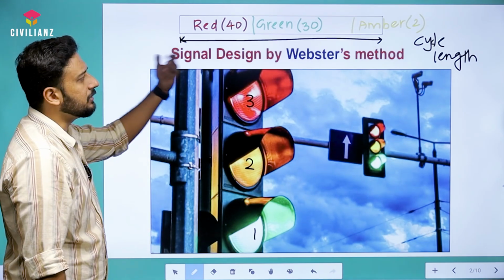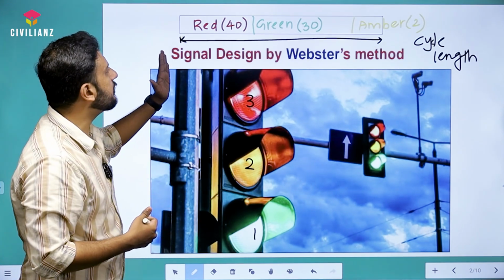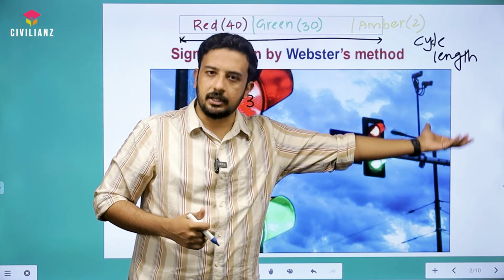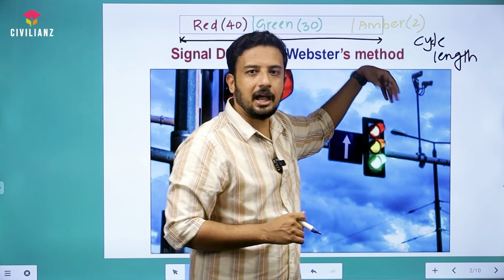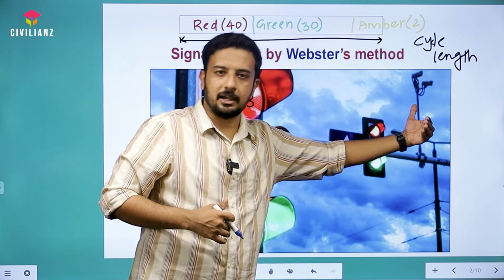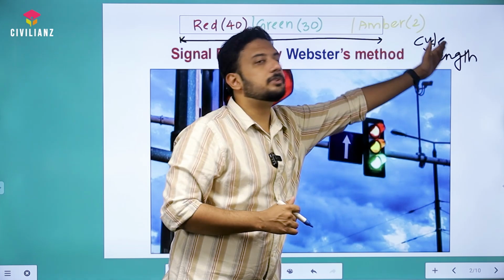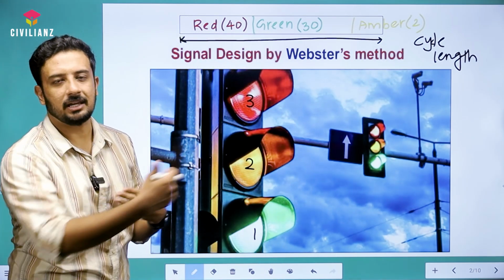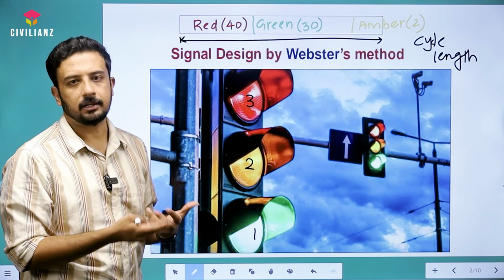So how can we define the cycle length? This is also important for 1 mark questions. Beginning of a red signal to the beginning of the next red signal, or we can say end of the amber signal. After the amber signal ends, we'll be having the next red, right? So from the beginning of a red signal to the beginning of the next red signal will be one cycle, or the duration of that cycle we can call cycle length.